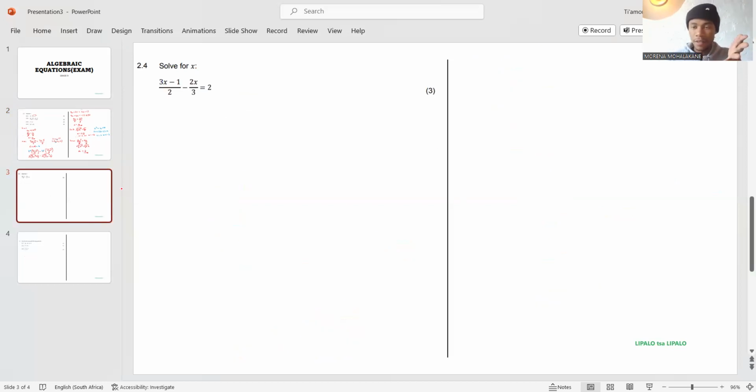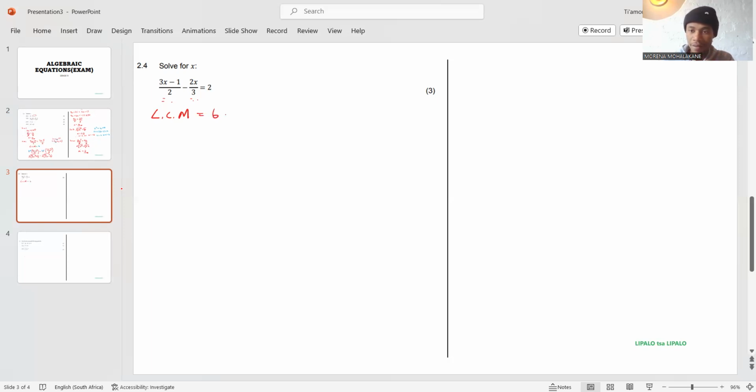Again, here you are given two fractions, right? They each have different denominators. I look for what? The LCM, right? So the LCM for 3 and 2, we just found, was 6.